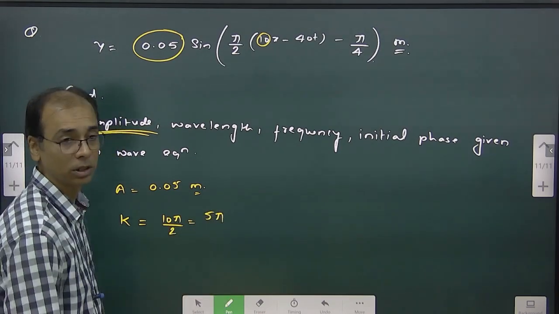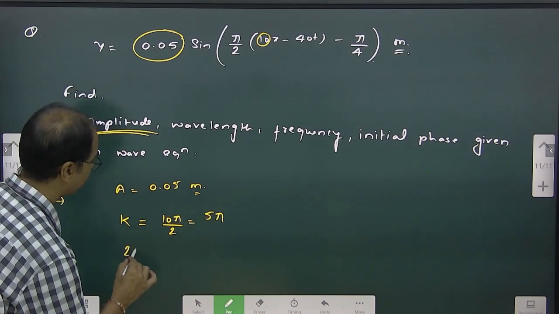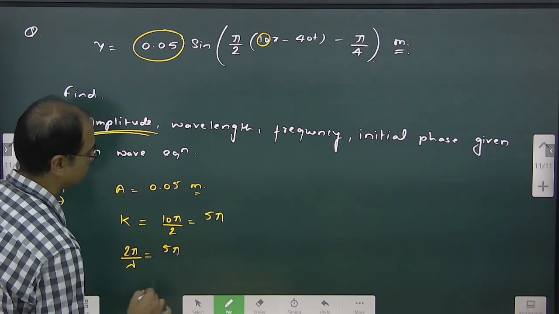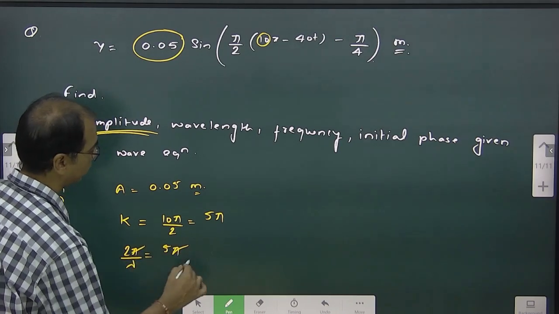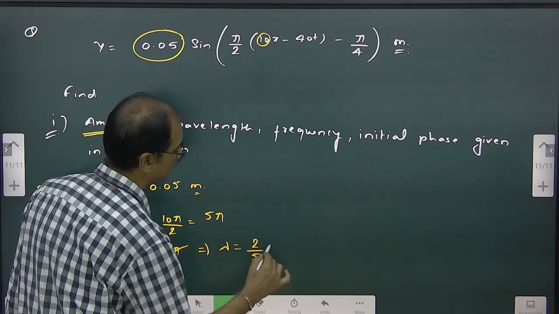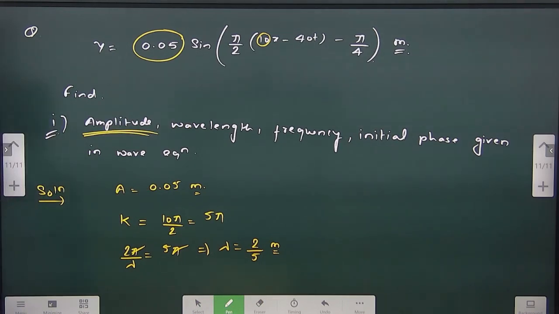And k is actually 2 pi by lambda. So 2 pi by lambda equals 5 pi. Pi cancelled, so lambda is coming as 2 by 5 meter.